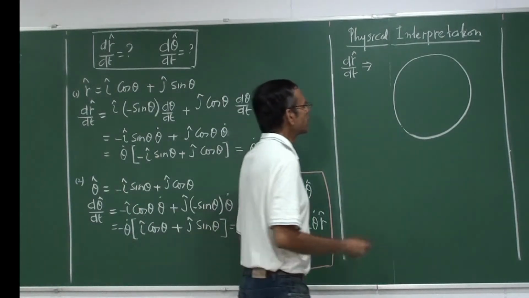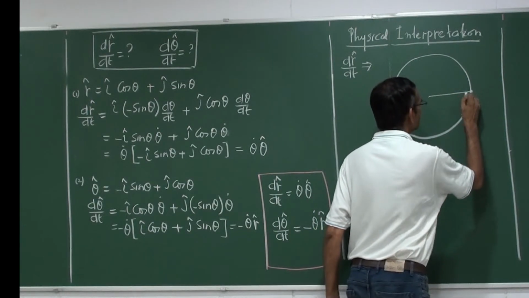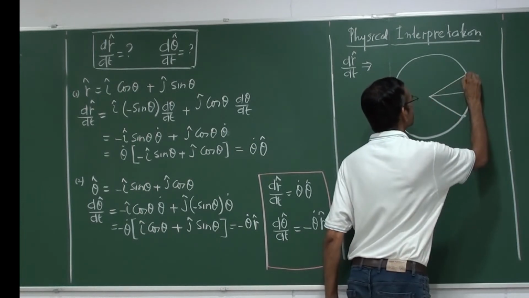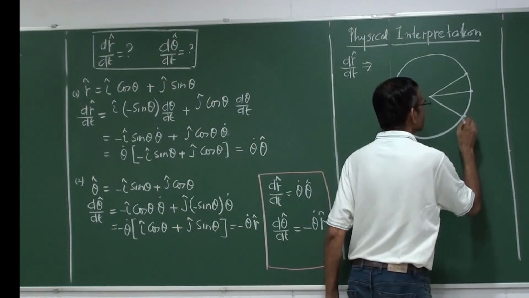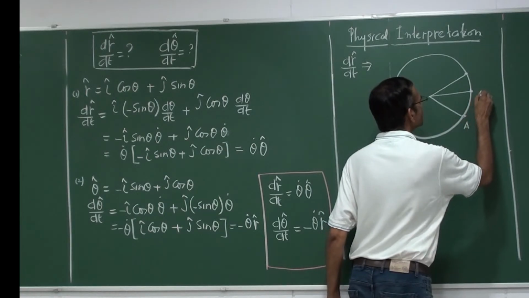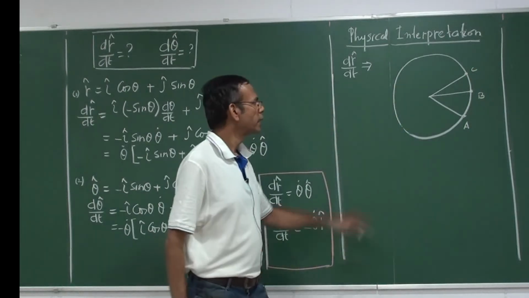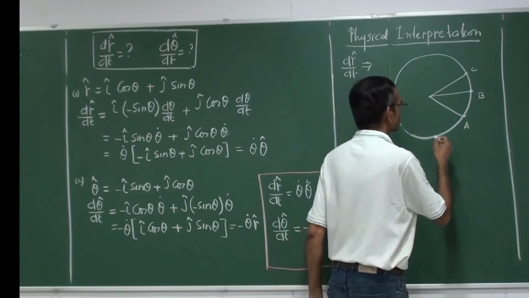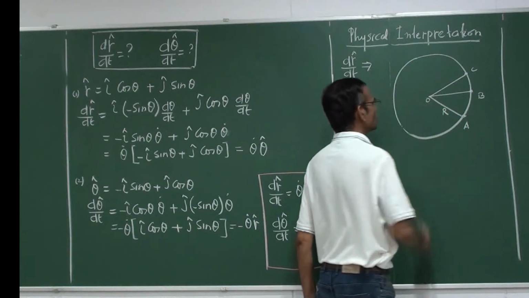Now, let us take that in this circle, there is a particle which is moving in the circle. Let us take these points as A, B, and C. A particle is moving in a circle and it has some radius R, and this is O.